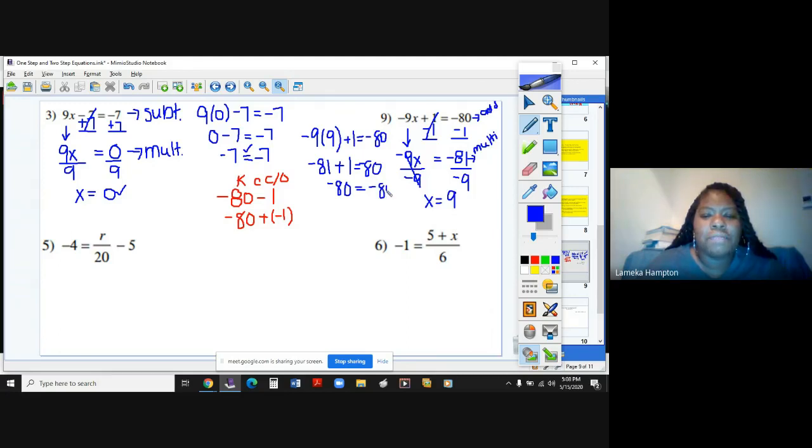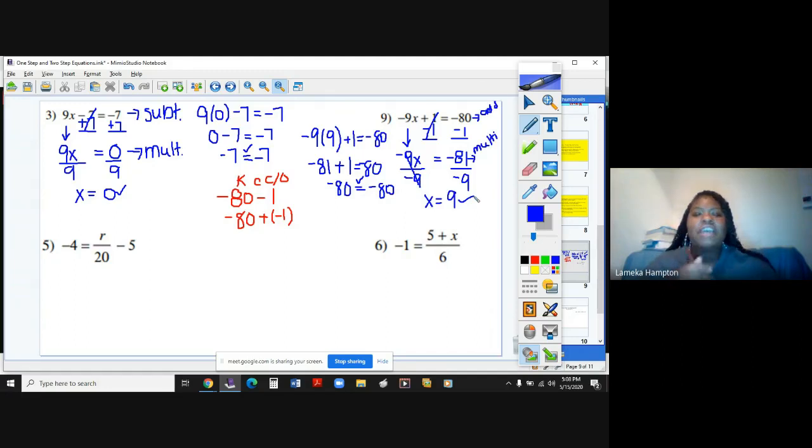But in essence, because -80 is equal to -80, this lets me know that my answer of +9 was correct. Okay? So again, making sure that you know how these integers work, because with the two-step equations, integers play a big part. They really, really do.